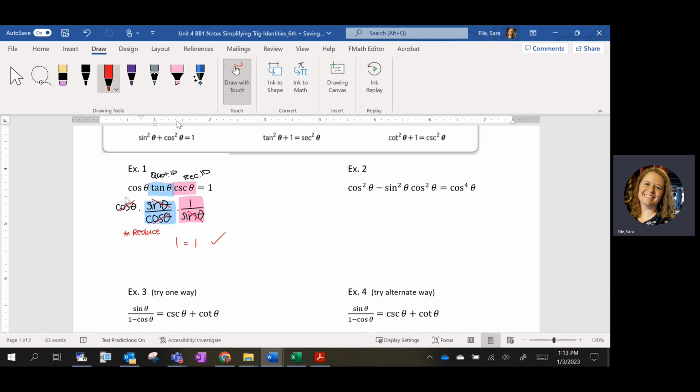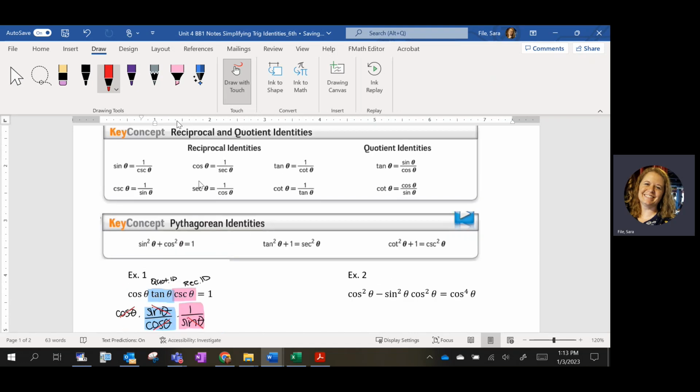Okay, there's definitely going to be some harder ones. What you may realize once we do a few more of these together and you try the check for understanding is I don't think the trig is really going to be much of an issue for y'all, because you have the identities here. You're going to get to a point where you know these like the back of your hand. You're not going to have to refer to this.